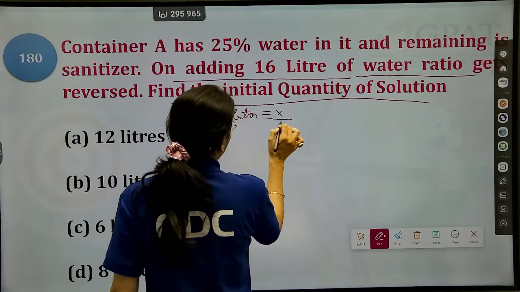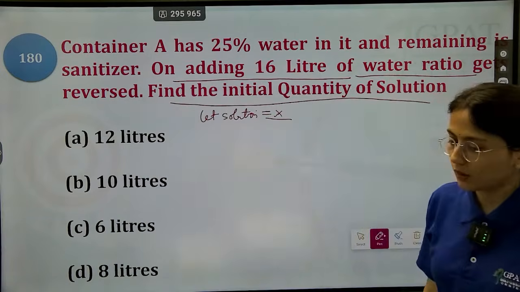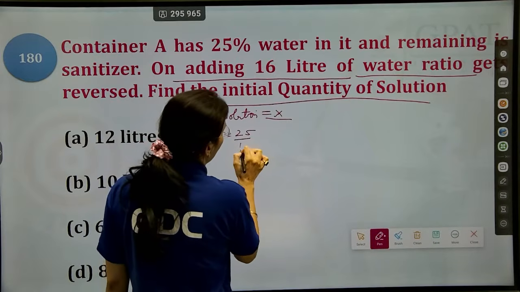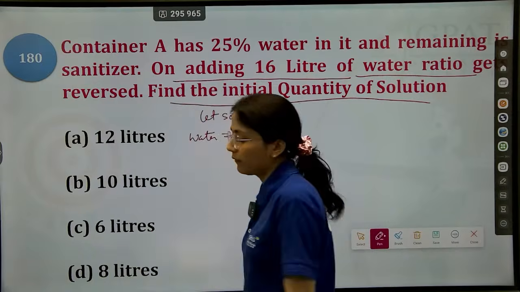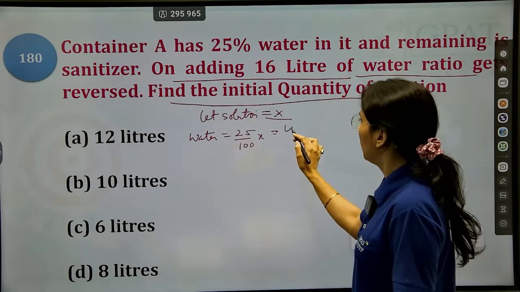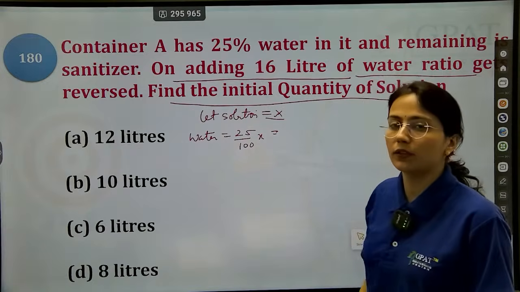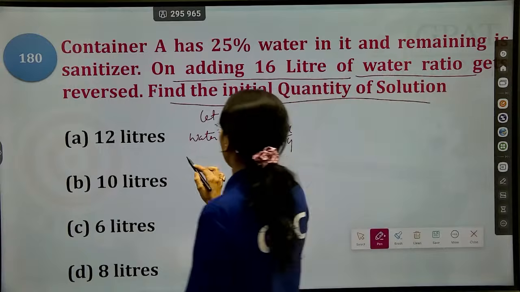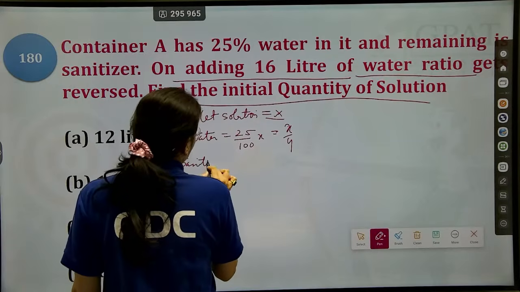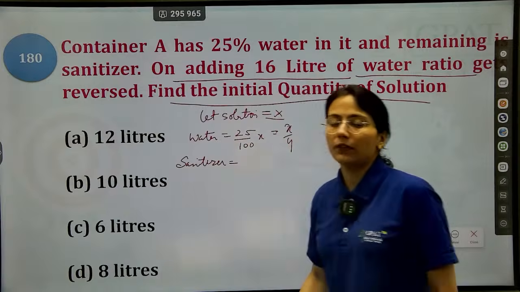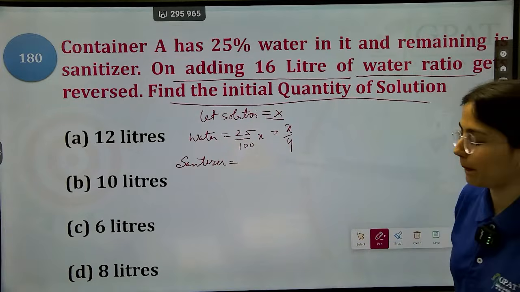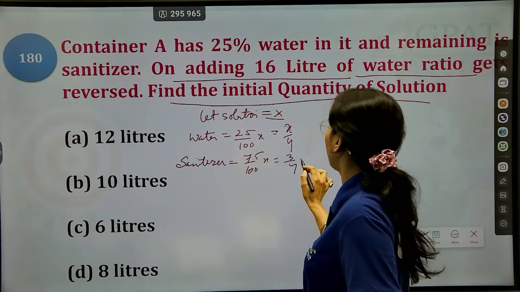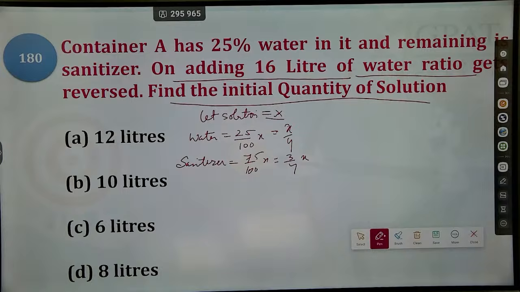Now water is 25 upon 100 x, that is x by 4. And how much is sanitizer? That is 75 upon 100 x, that is 3 by 4 x.